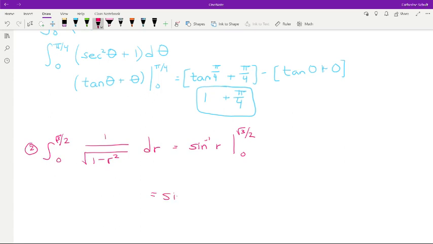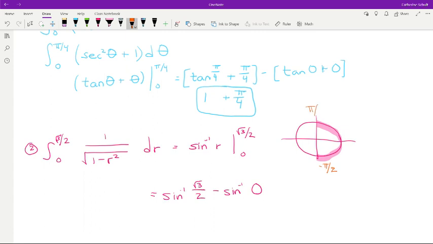So inverse sine of the upper limit of integration minus the inverse sine of the lower limit. And remember, with inverse sine, we're going from negative pi over 2 to pi over 2. Okay? So those are where our solutions have to lie.